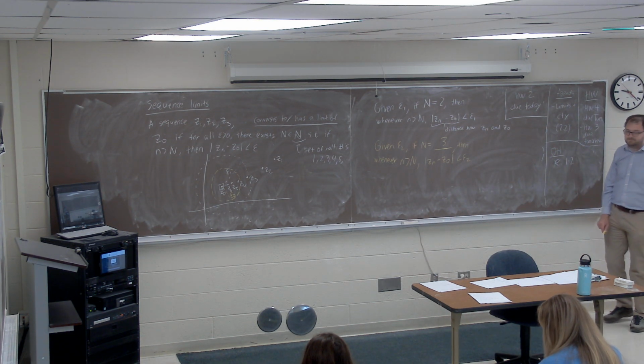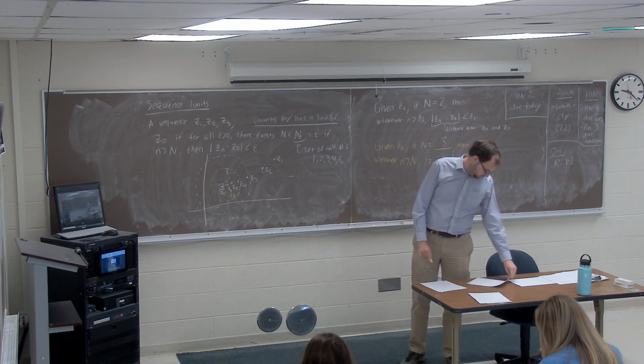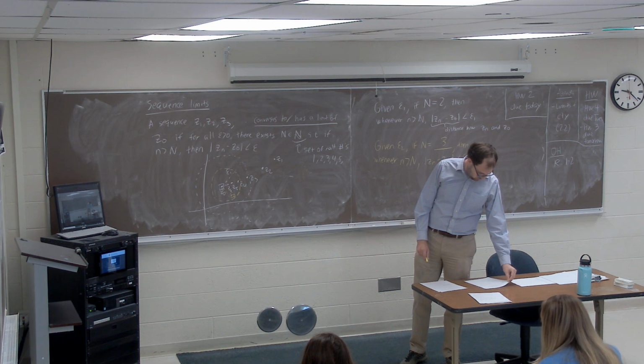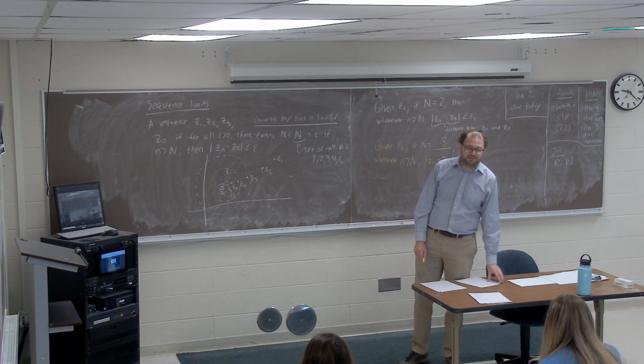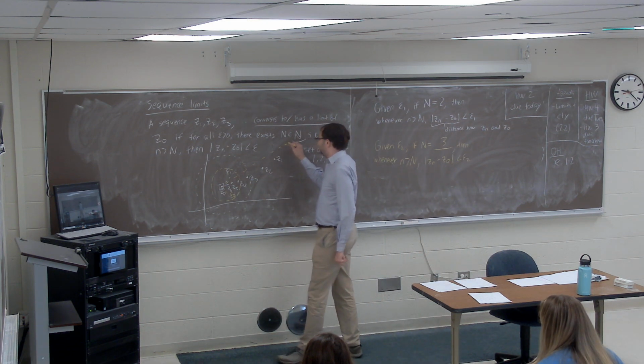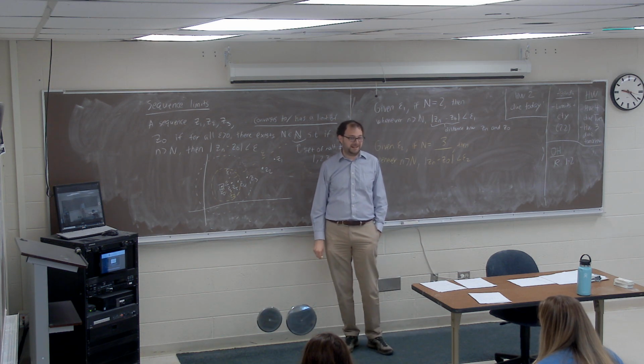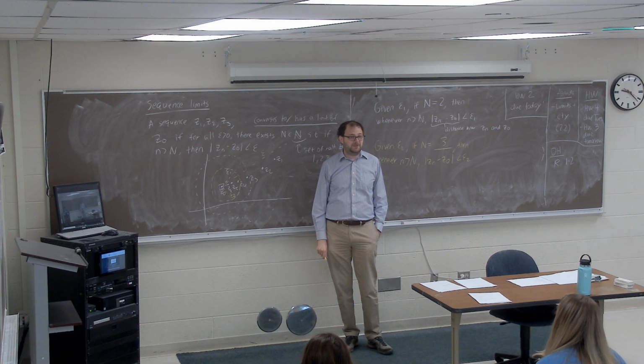Quick question, in the packet, it says that for any epsilon greater than 0, there exists an integer. Are we presuming positive integers, or in the complex world could it be something else? Let's make it a positive integer. Technically, if we picked an epsilon big enough that includes all the terms in the sequence, we could say this works for all little n greater than 0, or greater than -5.